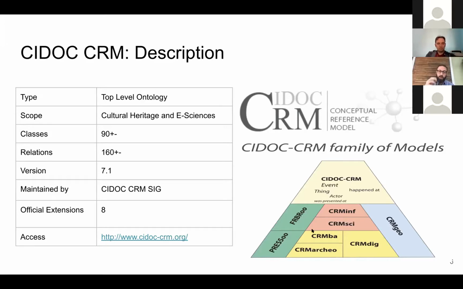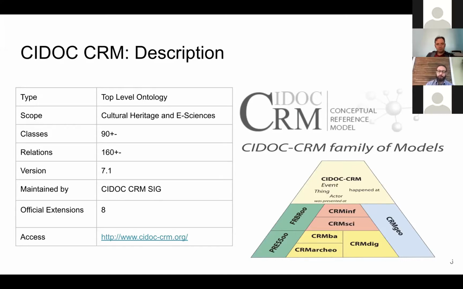So in addition to CIDOC CRM base, as we call it, we also have the CIDOC CRM family of models. These are sub-models of CIDOC CRM, which are intellectually consistent with CIDOC CRM and are connected to it underneath it, but provide more specific classes and relationships to talk about different domains of work.